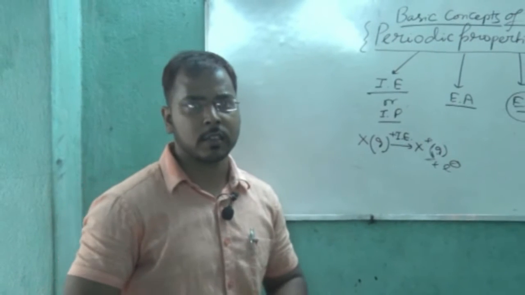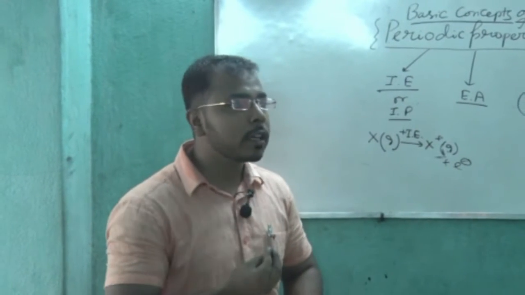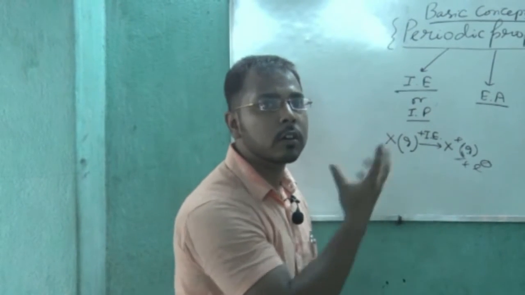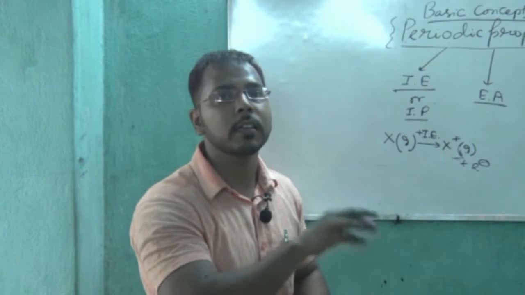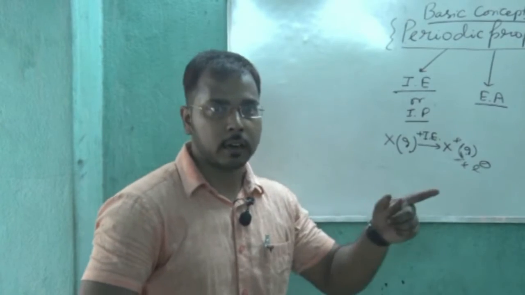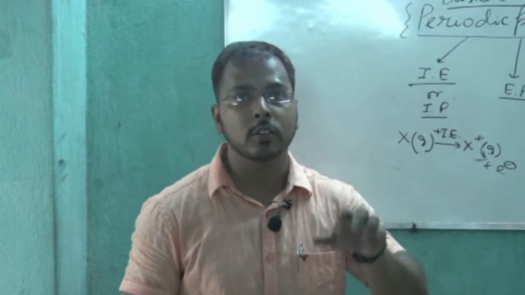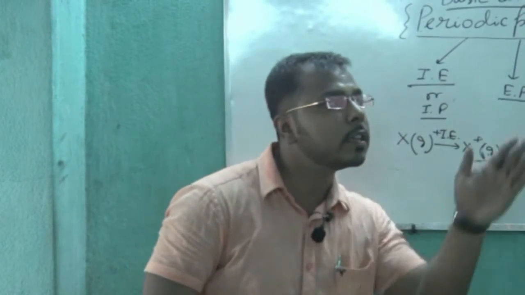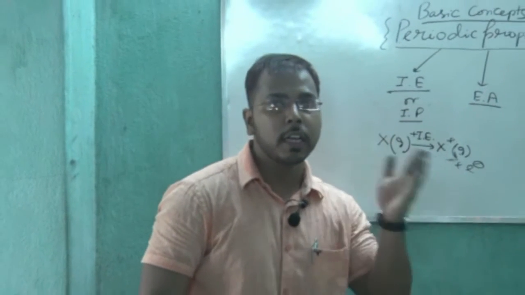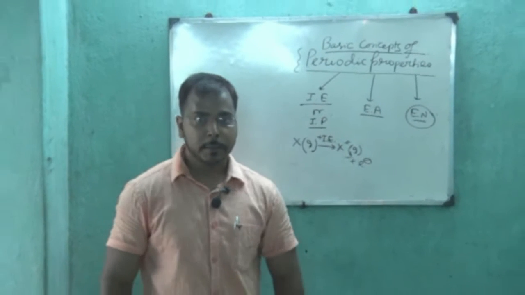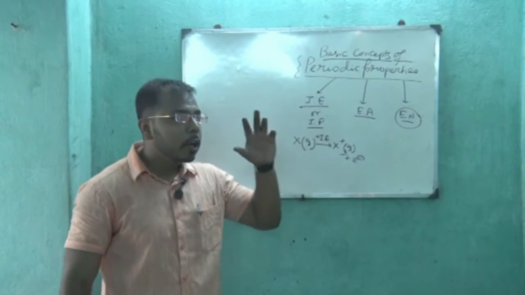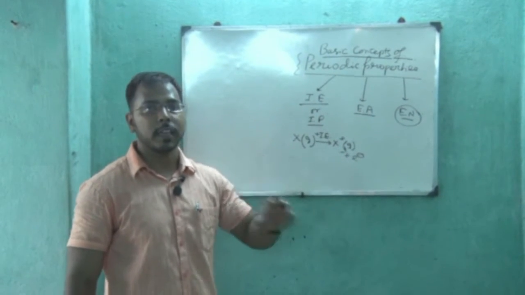But metals, say sodium. Sodium has a tendency to remove an electron because the nearest noble gas, neon, has 10 electrons, and sodium has 11. So sodium will easily get converted into neon. It will remove an electron easily, so sodium will have less ionization energy.